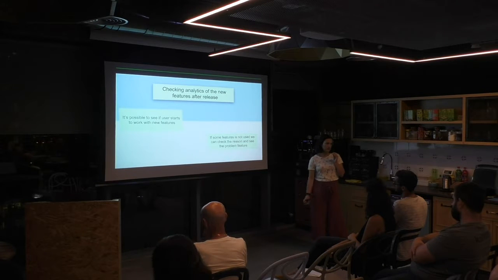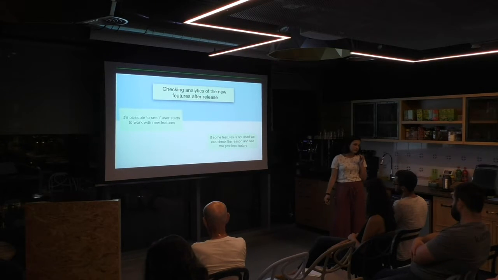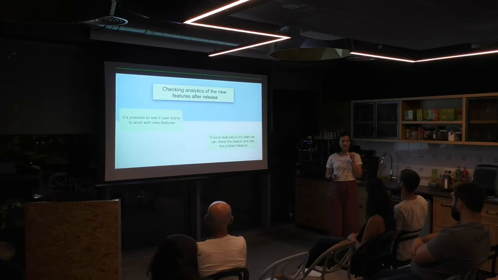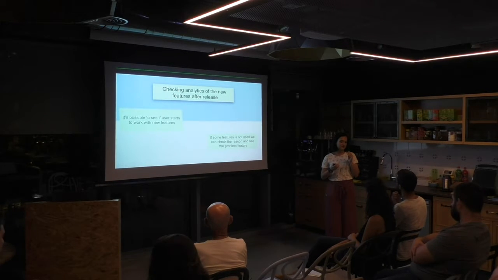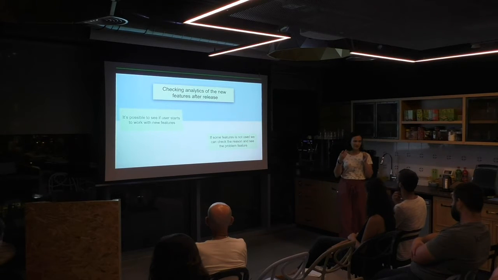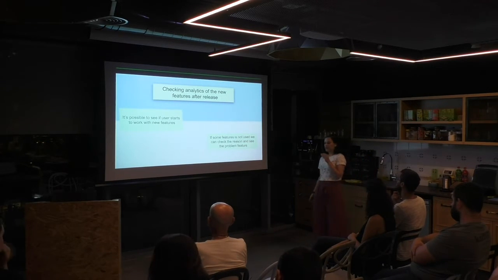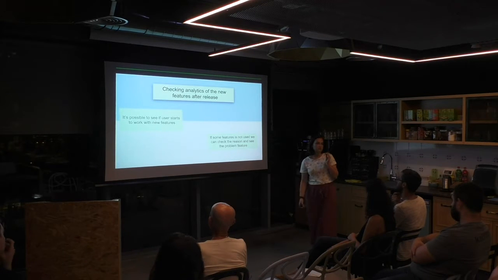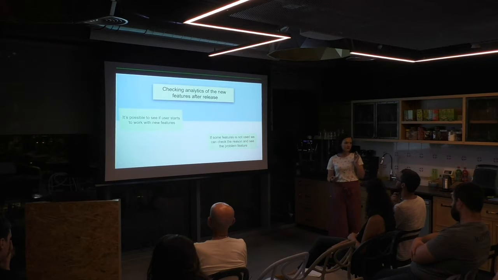It means that first of all we can see if it's popular for users. In this case we can understand that users really need it, and it can help us to understand that we really did a great job and we provided a needed feature. Or we can see that no one started to use it. And in this case we can recheck and see, first of all, it can be a problem with analytics.